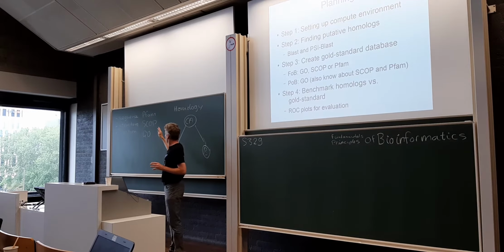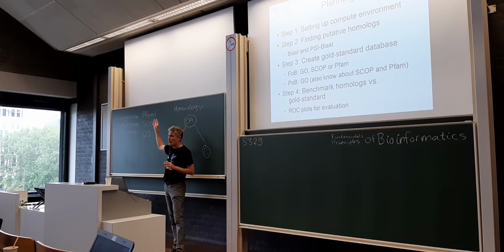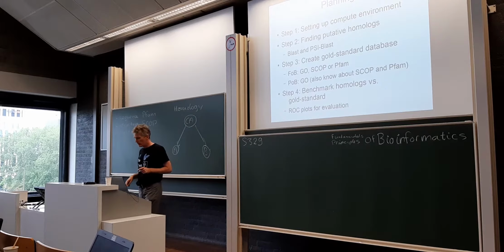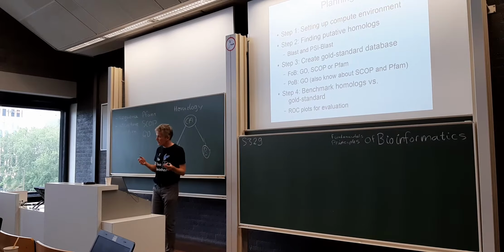But if you can't get it out of the database, we don't know. Nobody knows, right? So it's the best we can do. So it's not a gold standard as in the perfect database. It's gold standard in terms of the best we have. It's the best we have. So that's the best we use.